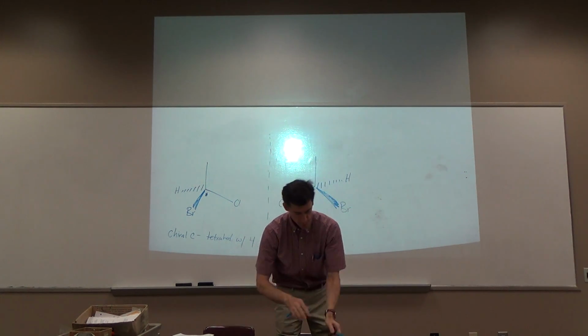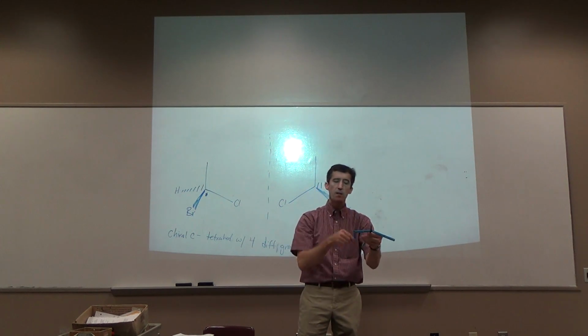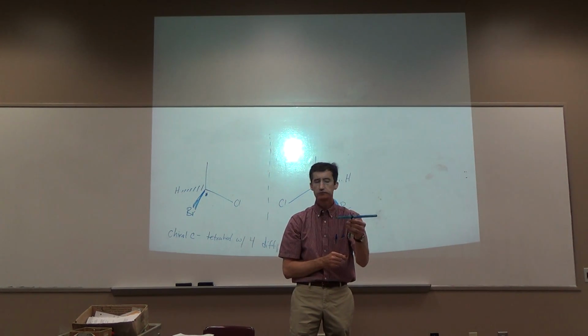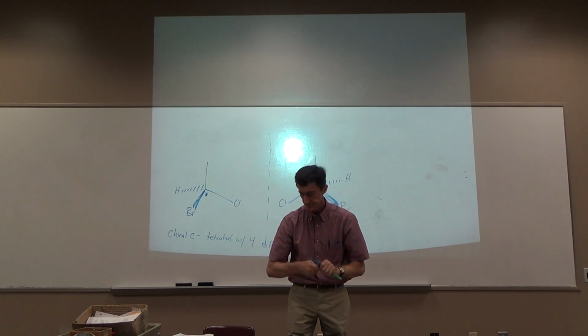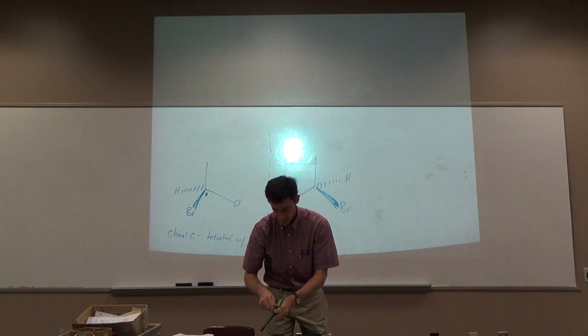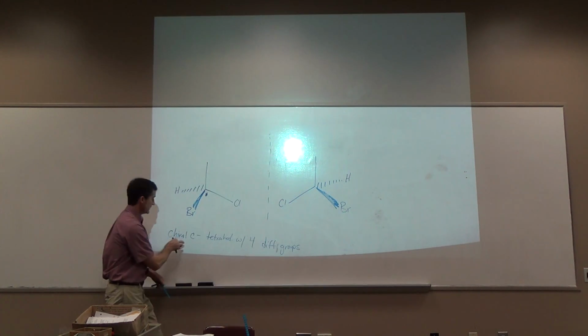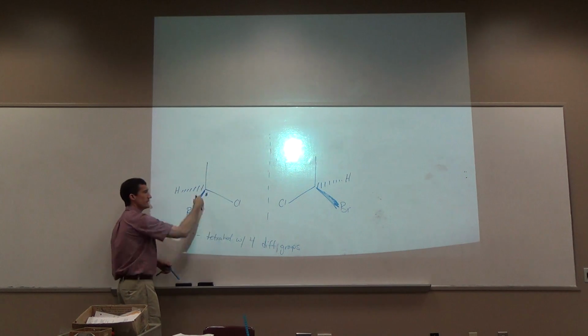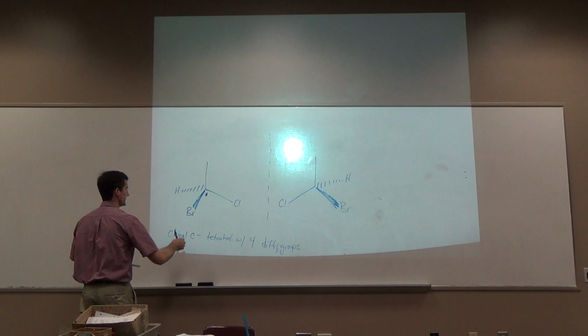For example, if both of these were blue, this molecule is actually not chiral. That's because it has a plane of symmetry. The presence of a chiral carbon with 4 different groups gives this asymmetry, and that's why they're important to identify.